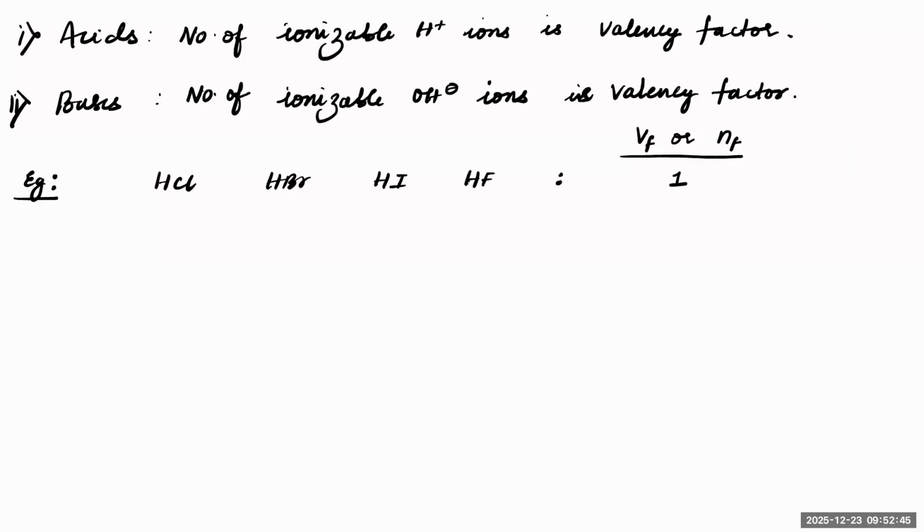Because if they ionize in any aqueous solution, they will convert into Cl minus, Br minus, I minus, and F minus. Doesn't matter whether it is a strong acid or a weak acid, we just need to check its ability. The ability is it can release one H plus out of it.